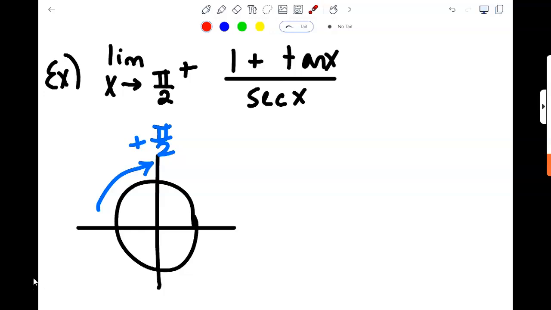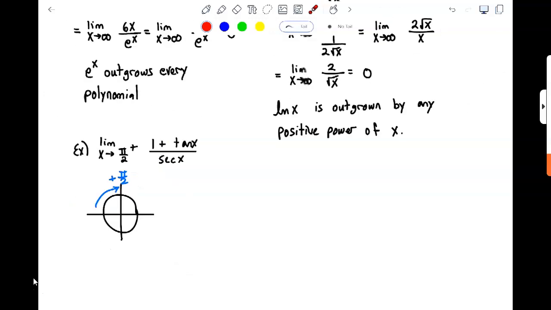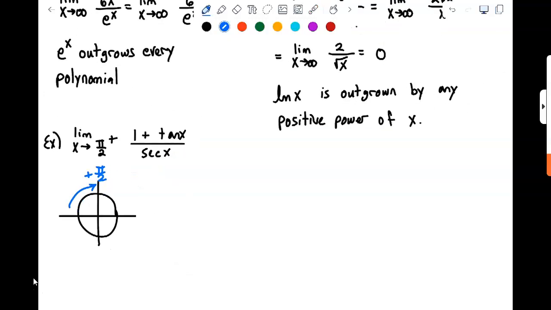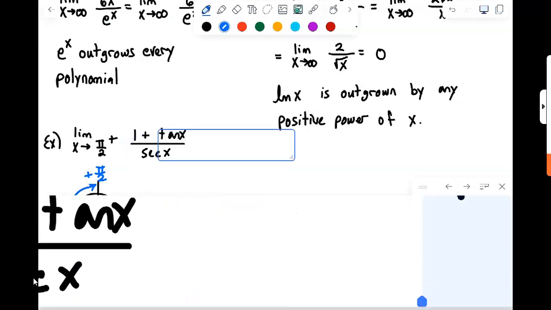So that's going to be a positive over a negative, and so that would actually be negative infinity. And in the bottom, secant is 1 over cosine. As cosine goes to 0, that's also a negative infinity. So we're actually dealing here with an infinity over infinity limit. Okay, so that's the first observation to make here, is that we are dealing with infinity over infinity.